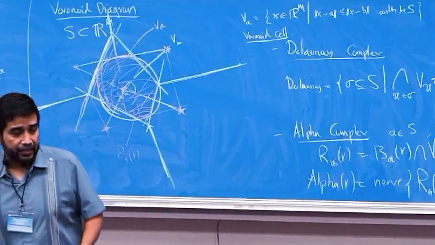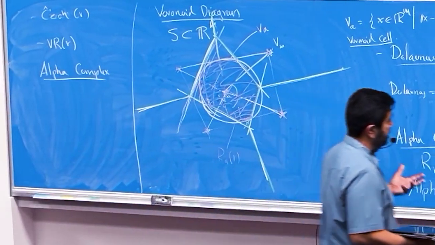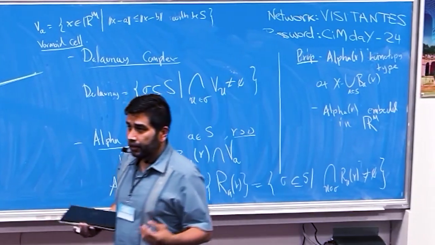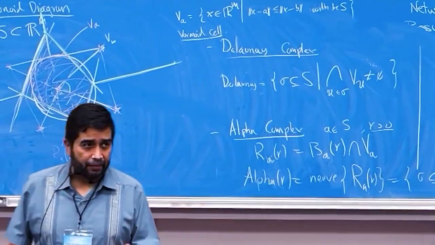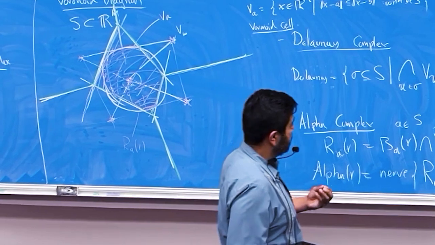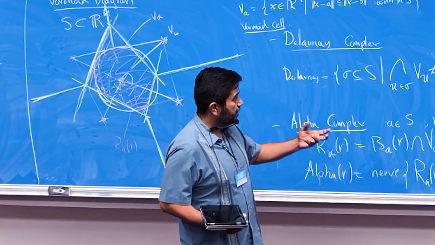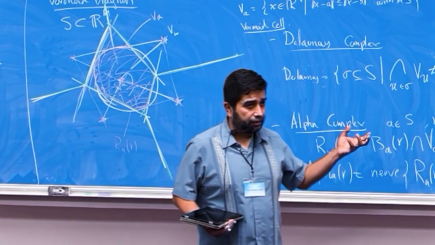This means that the alpha R simplicial complex has dimension at most m. That will give us a much smaller simplicial complex associated with the cloud of points.